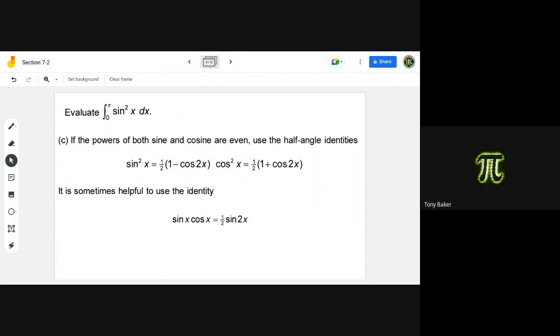And cosine squared x equals 1/2 times 1 plus cosine 2x. Notice, they're both exactly the same except for the sign in the middle. The sine squared is 1 minus, the cosine squared is plus. But it's always 1/2 times 1 plus or minus cosine 2x. So that's always there.